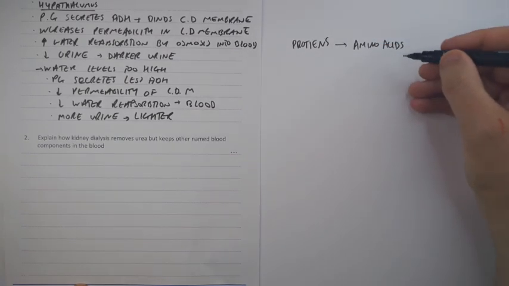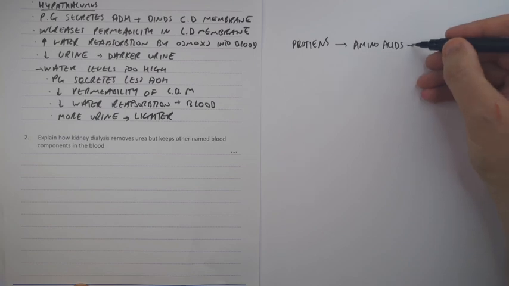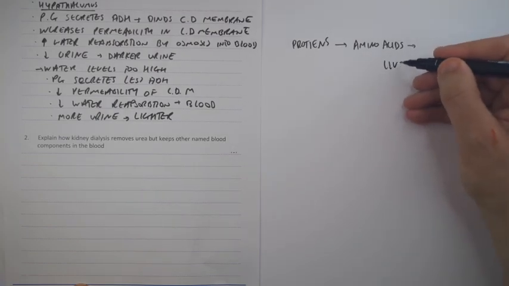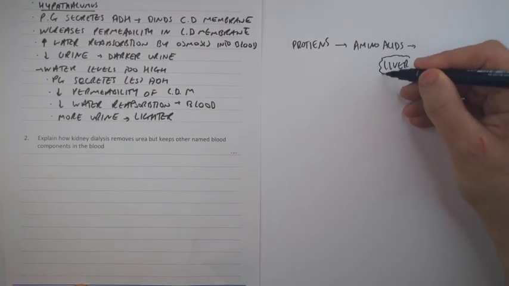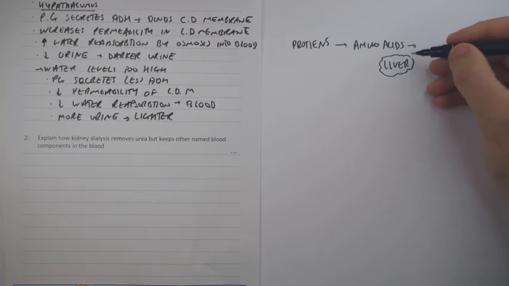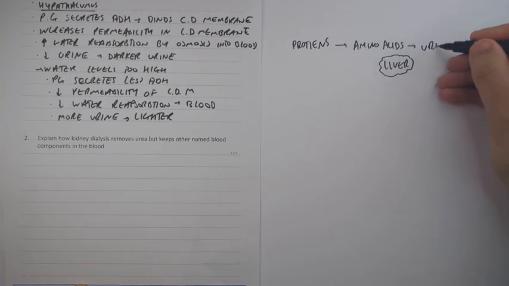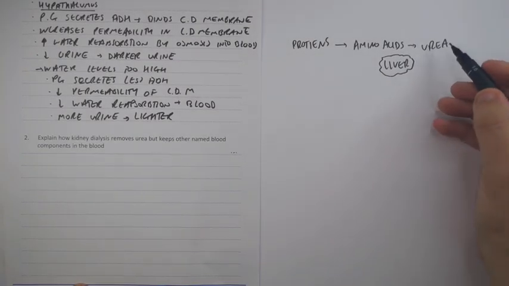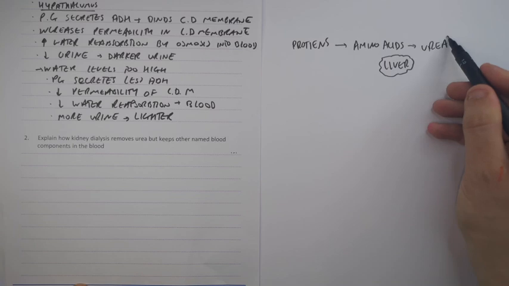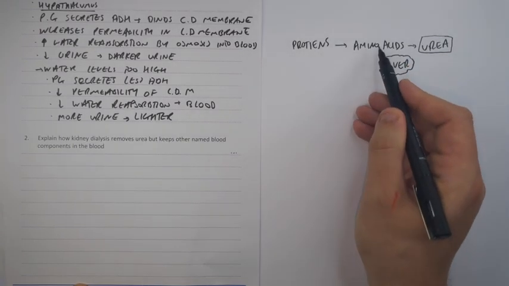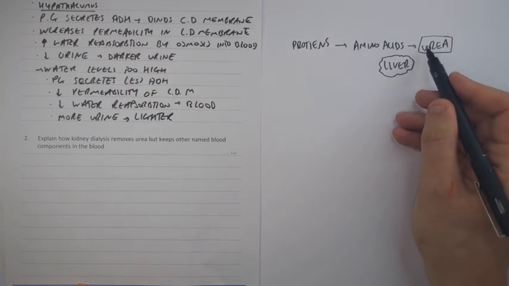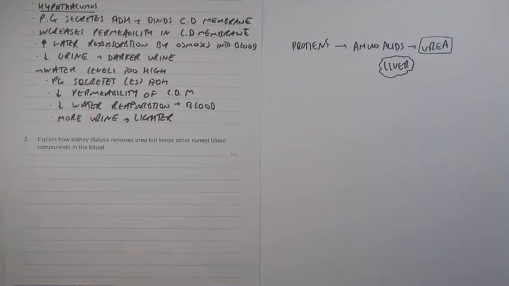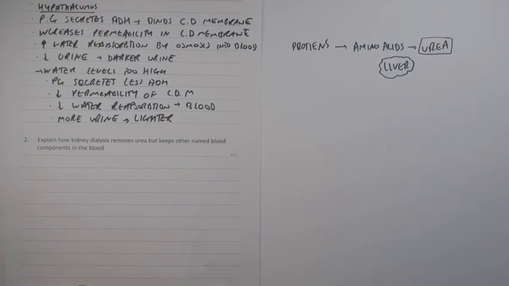These amino acids are then processed in the liver and broken down into urea, so this urea is then in the blood. So remember, how is urea formed and where does that take place? It's when proteins are broken down into amino acids, and amino acids are broken down to urea in the liver. This could be a 2 or 3 mark question in the exam.